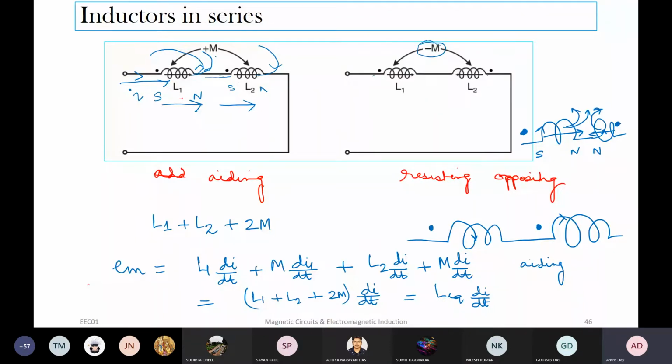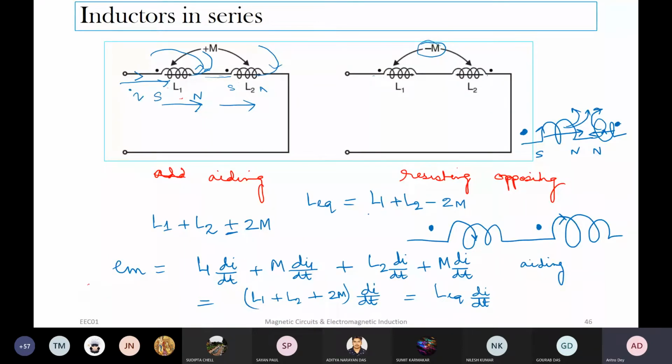So in place of plus, we just put L1 minus M di by dt plus L2 minus M di by dt. That's all. Then if we add them up, we get L equivalent equal to L1 plus L2 minus 2M. Okay, so effectively we can write plus or minus as per the dot convention for the equivalent inductance.